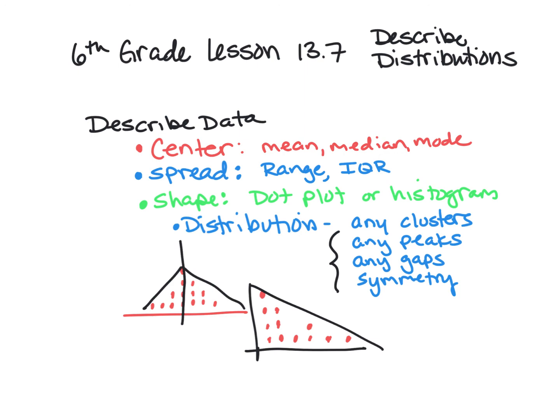So you could use your data in this circumstance instead, but I'm going to give you my data for this one, and walk you through how you describe center, spread, shape, and in terms of shape also the distribution of the data, so that you can see what all that means.